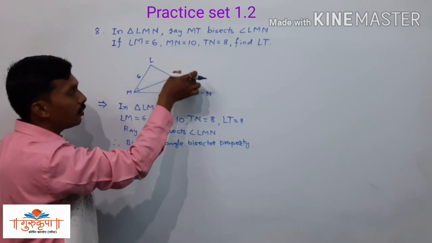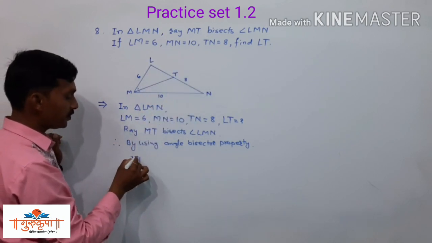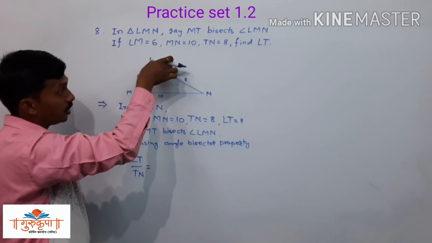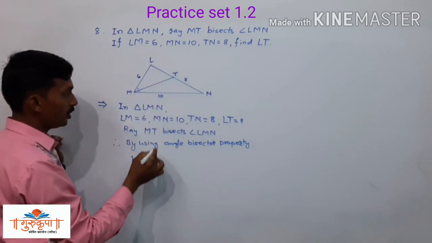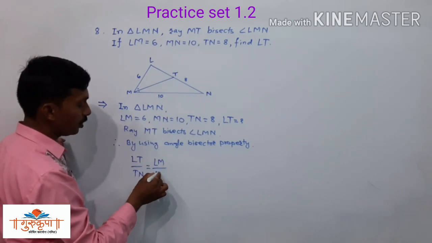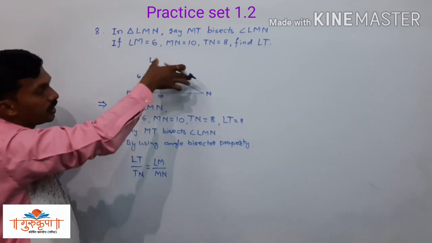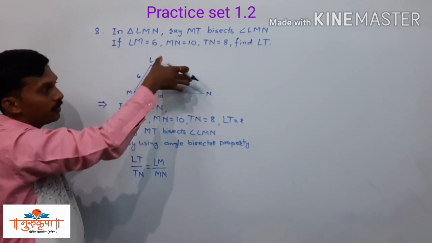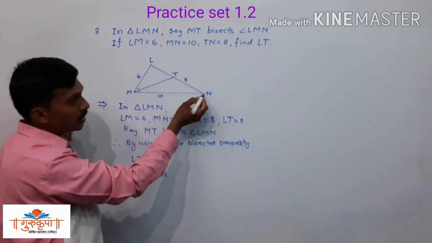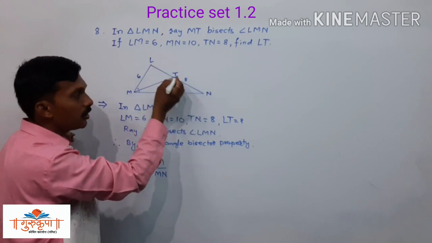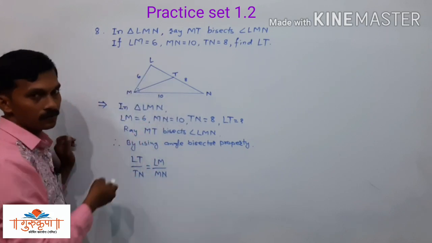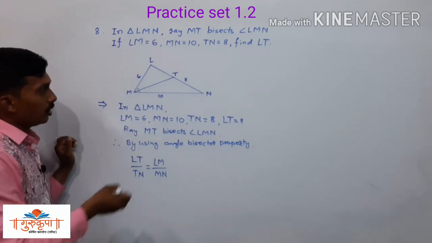So we can write LT upon TN is equal to LM upon MN. Since we write this ratio as LT upon TN, we have to write the other ratio as LM upon MN. If we write this ratio as NT upon TL, then we have to write the other ratio as NM upon LM. That we have to write carefully.